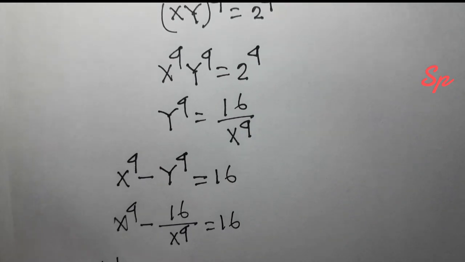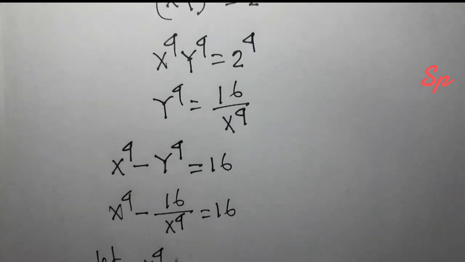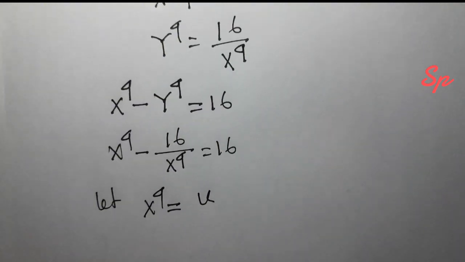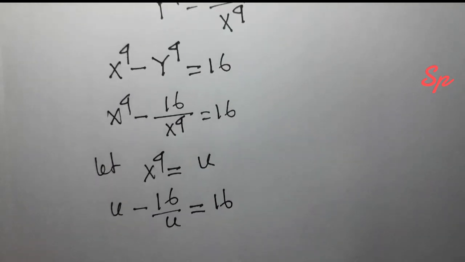Now let x to the power 4 be equal to u. Then we can write this equation as u minus 16 by u is equal to 16.